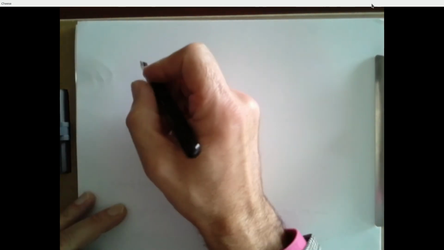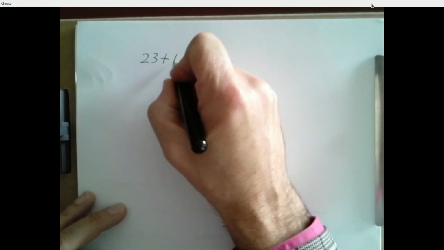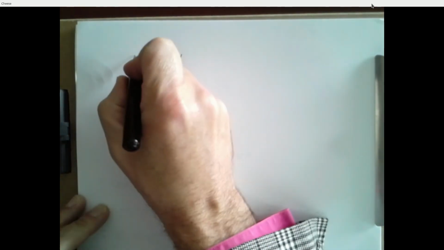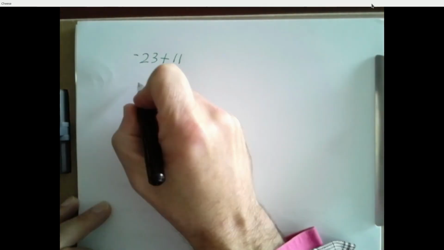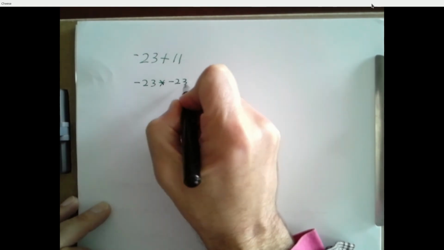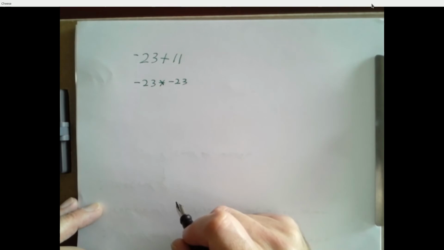So it's basically something like 23 plus 11. Your first number could be negative, so this is also legal, which is a potential complication. And this is also legal, because negative 23 is an integer.